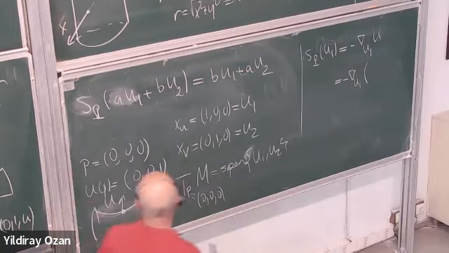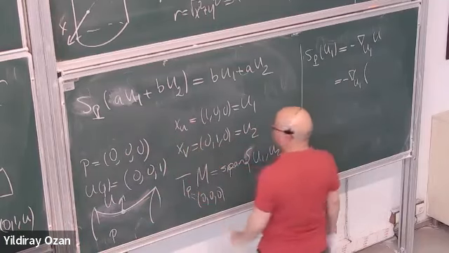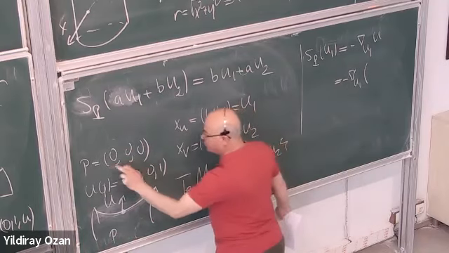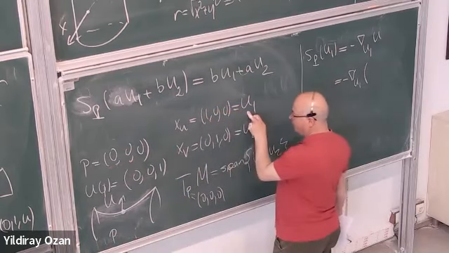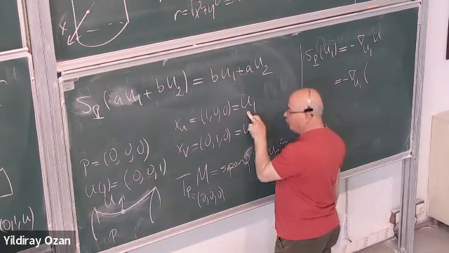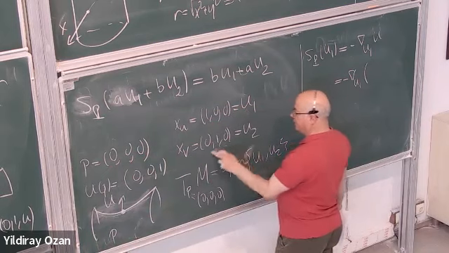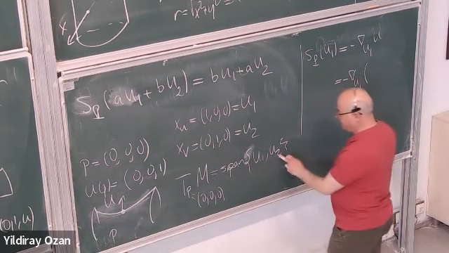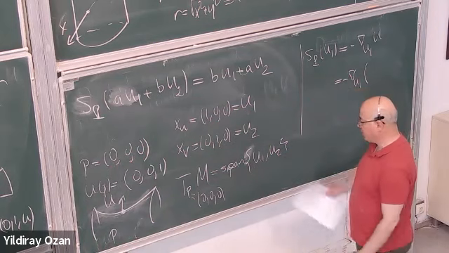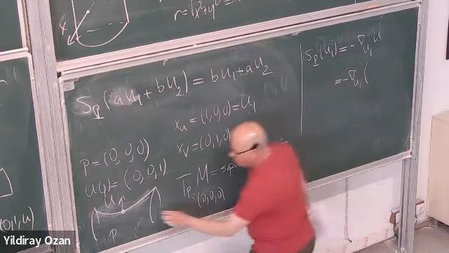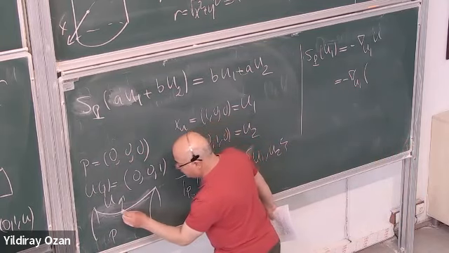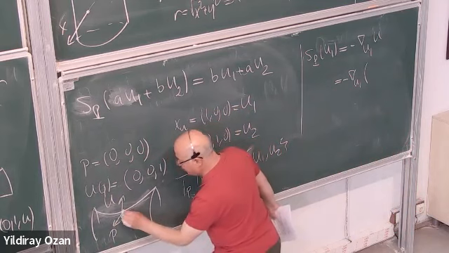Okay, now we would like to compute this gadget. U is just at the point 0, 0, 0. It is just the vector U1, and X sub V is just U2. So the tangent space has U1 and U2 as basis. So U1 and U2 are vectors, let's say like this.